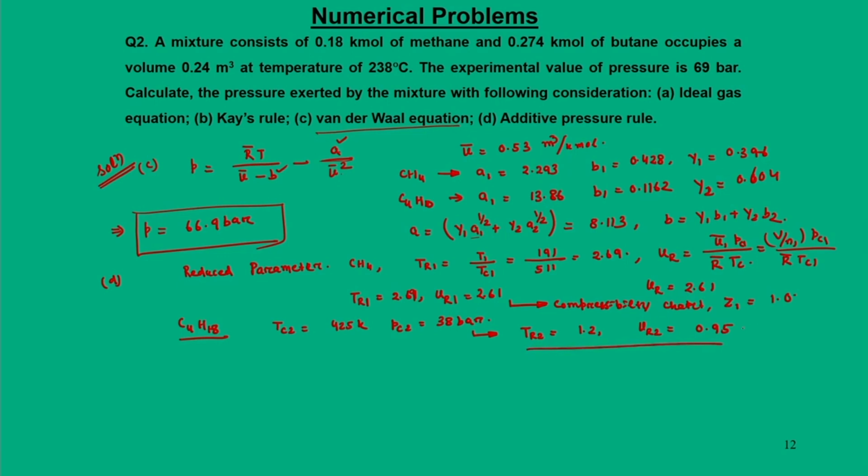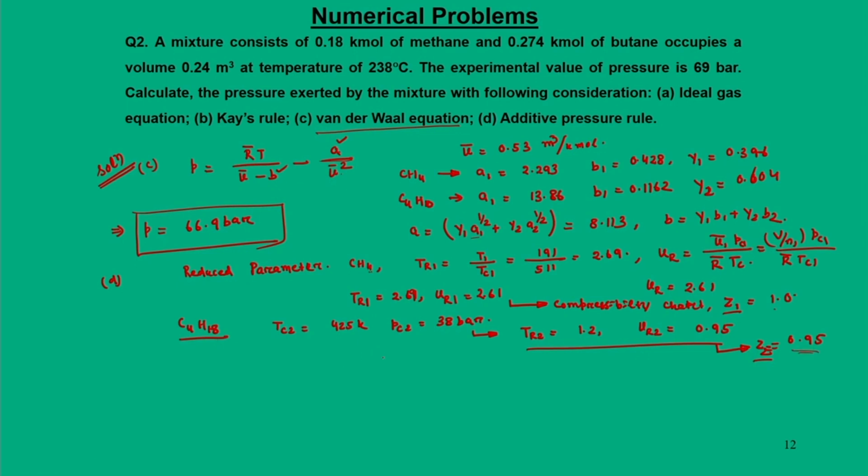So, these two data will give you Z2 equal to 0.95. So, the individual compressibility factors for the components we know: for methane it is approximately 1, that means it behaves as if it is an ideal gas, and for butane it is 0.95.